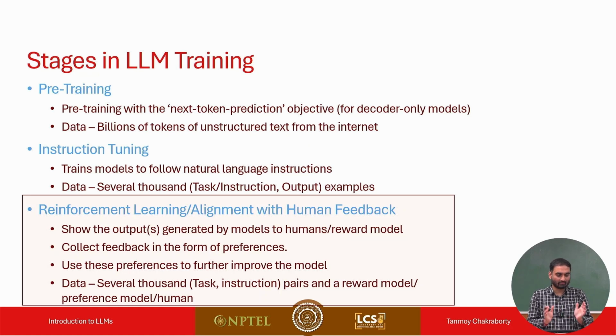In the pre-training phase, we essentially teach the model the basic aspects of a language, right? So once the pre-training is done, the hope is that the language model understands the nitty-gritties of a language, right? But the language model doesn't know how to respond to a query, right? Let's say you write some instruction, the language model doesn't know how to respond to that.